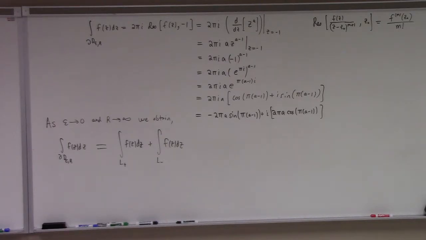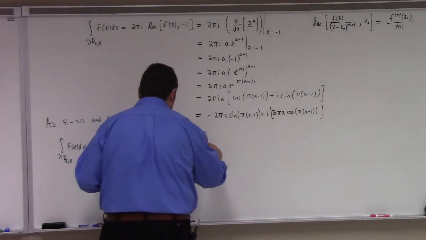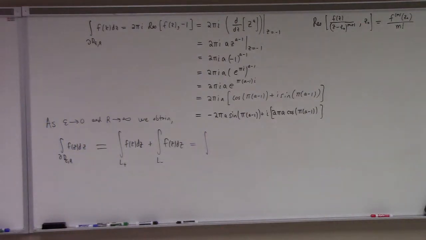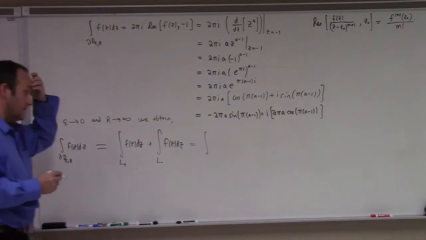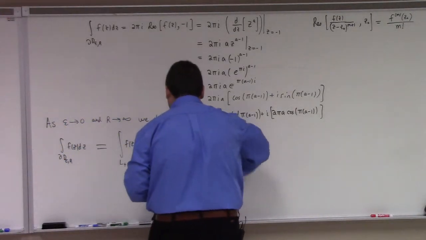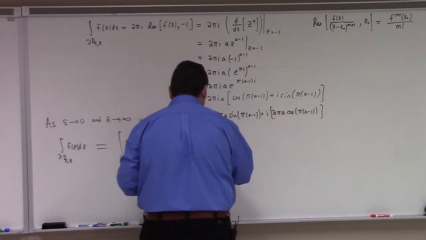And here's where I'm going to be slightly less than careful. We say in the limit, this is equal to the integral of what? L plus goes basically from 0 to r. I'll put the limit as r goes to infinity here just to make it more explicit.